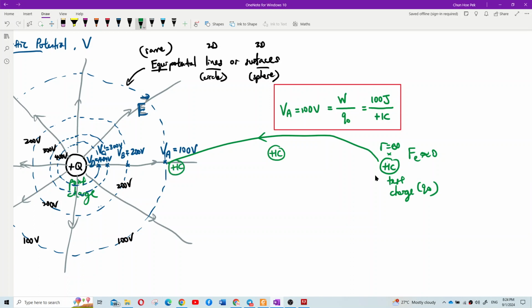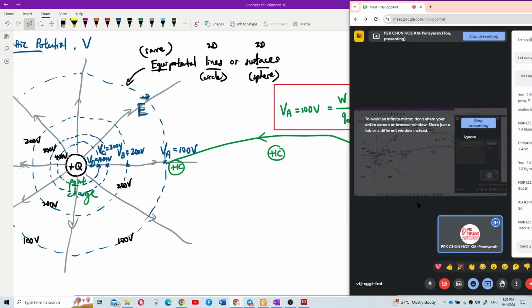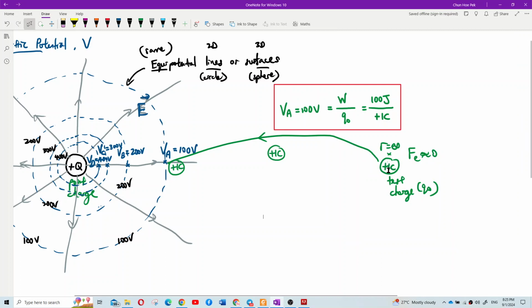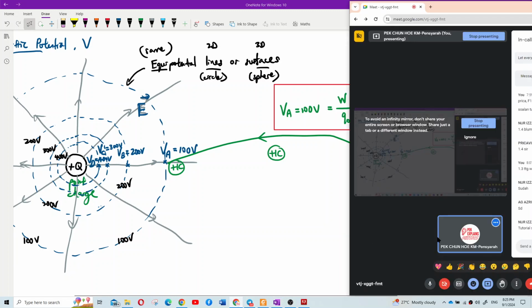Do you think this test charge can move by itself to point A, class? I want to see your response. Can or not? Any response?